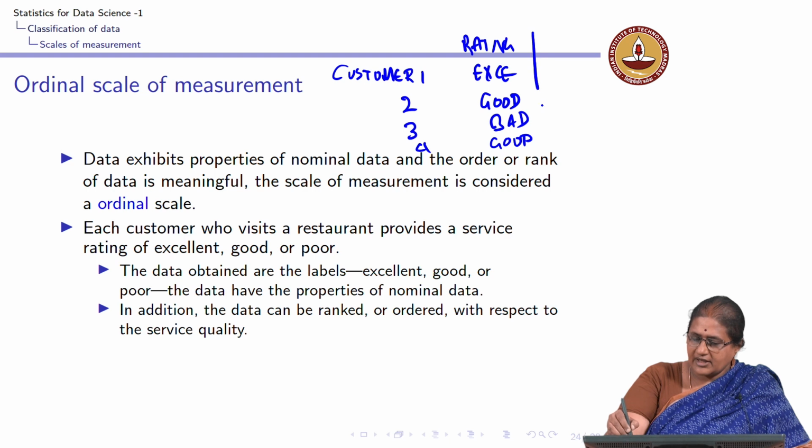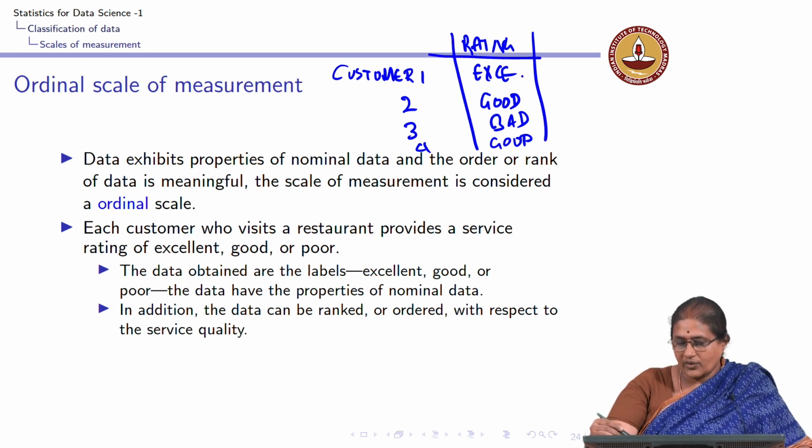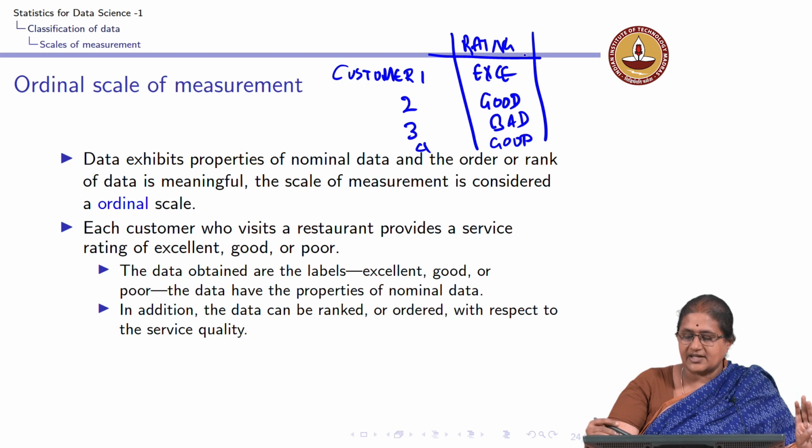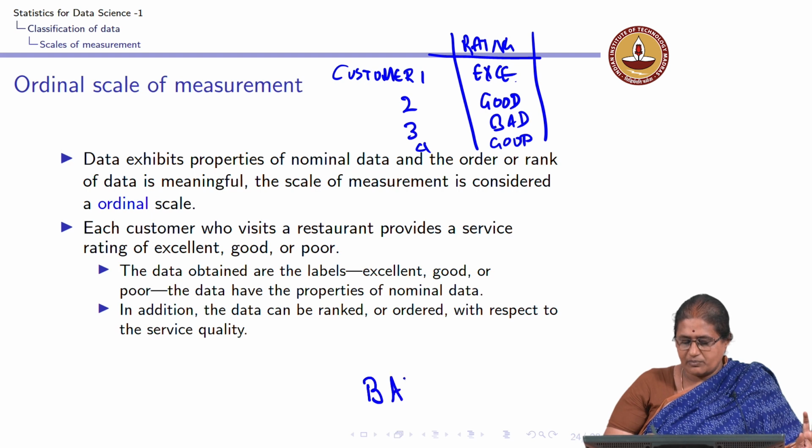So, if you look at the variable, it is rating. Here you can again see this is taking a nominal value. By nominal, it is taking a categorical value, where my categorical variable has 3 categories: excellent, good and bad. But within this categorical variable, there is an order. The order is bad, good and excellent.